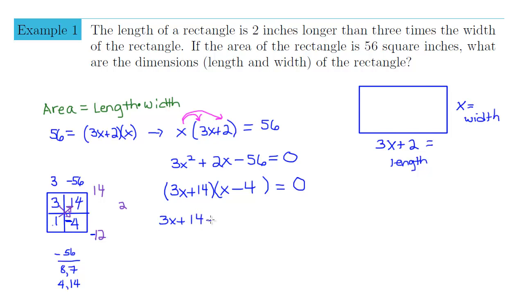So we have 3x plus 14 equals 0, and x minus 4 equals 0. And that gives us that 3x is negative 14, or x is negative 14 thirds, and x is 4. We have now solved the quadratic equation 3x squared plus 2x minus 56 equals 0.